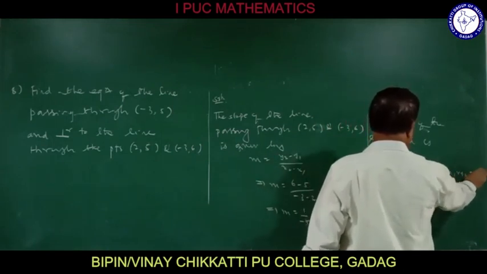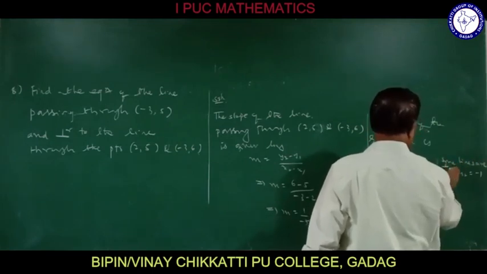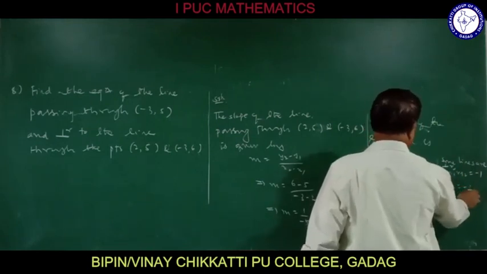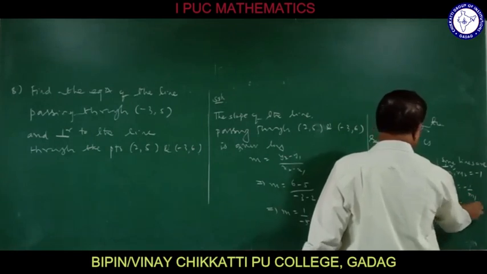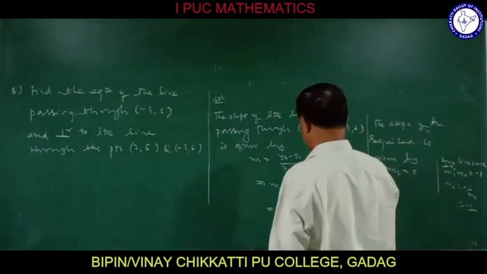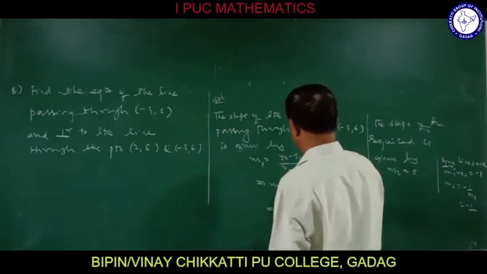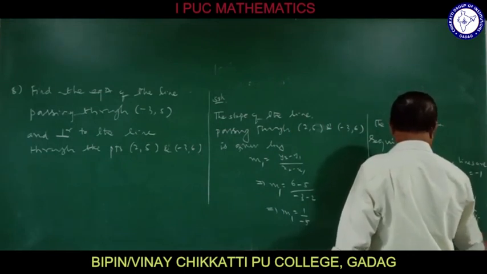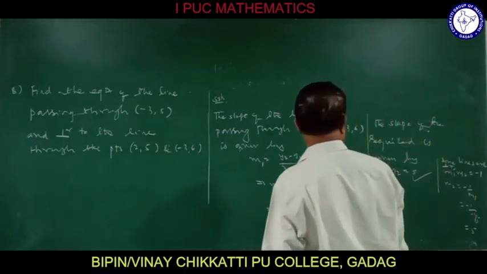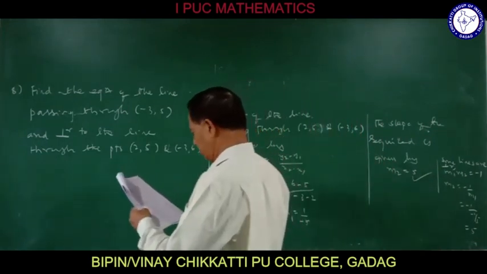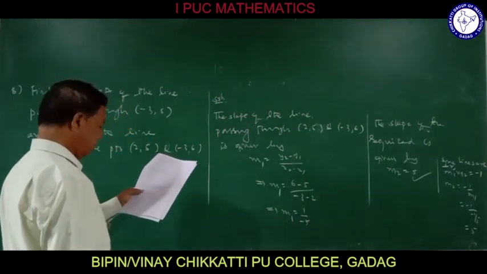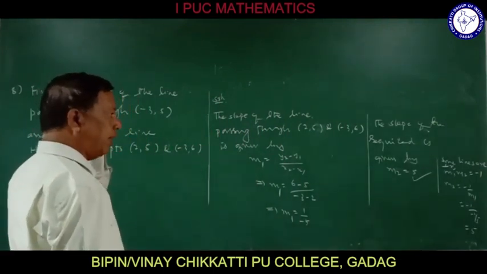Since the lines are perpendicular, m1 m2 = -1, so m2 = -1/m1. Here m1 is -1/5. So ultimately this is 5. The slope of the required line is m2 = 5, and naturally one can tell how this can be done accordingly.